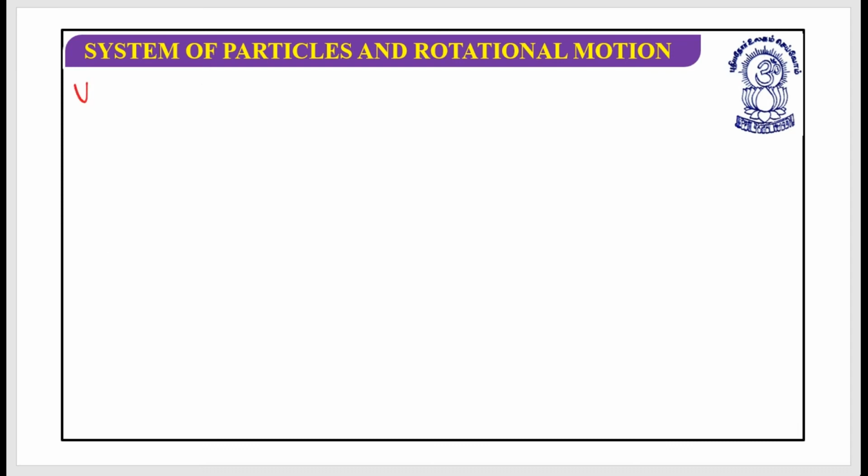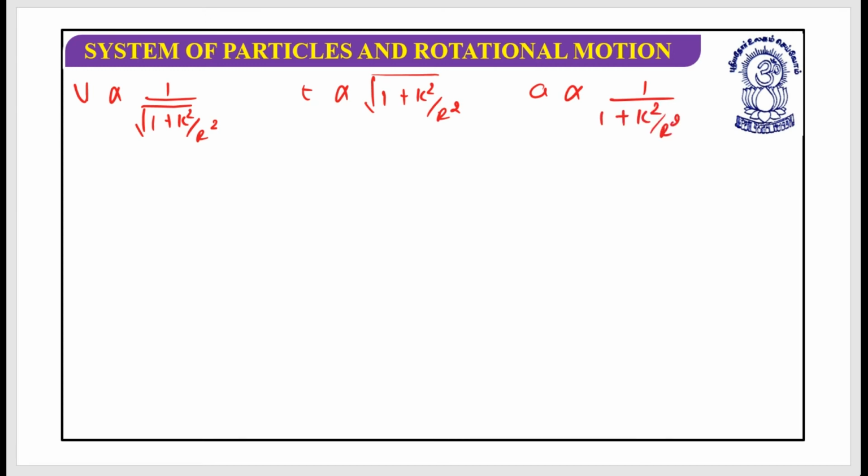First, what I understand is velocity is inversely proportional to the square root of 1 plus k square by r square. Time is directly proportional to the square root of 1 plus k square by r square. Acceleration is inversely proportional to 1 plus k square by r square. For the ring, k square by r square is 1.